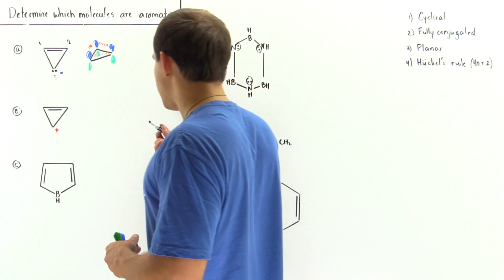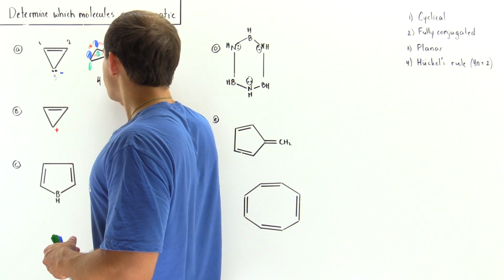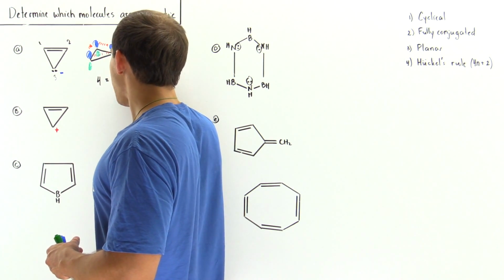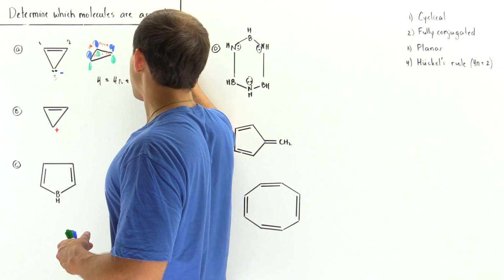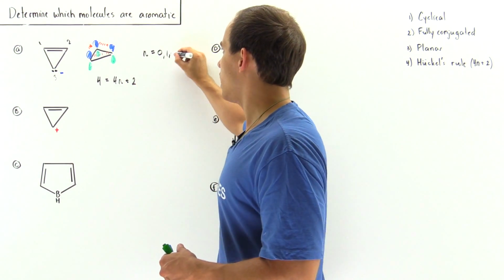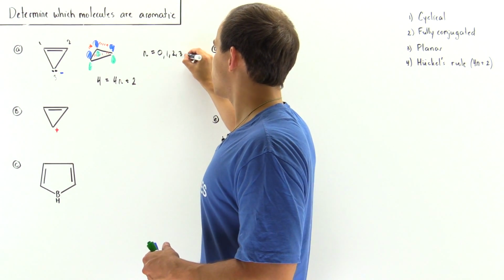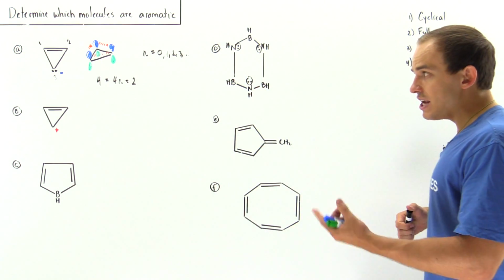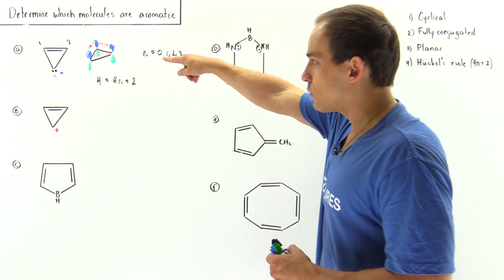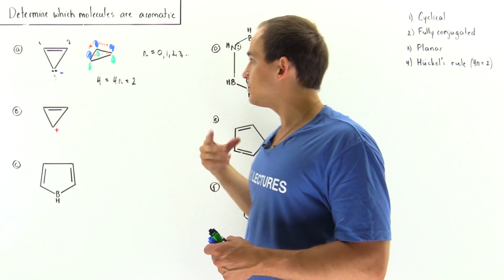So the question is, can 4 ever equal 4n plus 2, where n is any number that begins with 0, can be 1, can be 2, can be 3, and so forth. So if we choose n equals 0, our value for the number of pi electrons is 2.